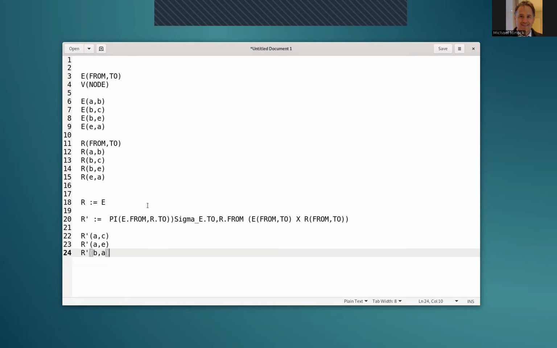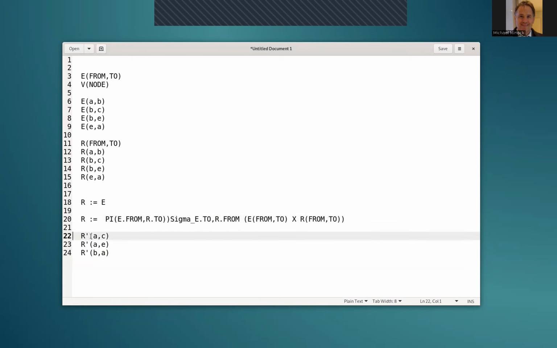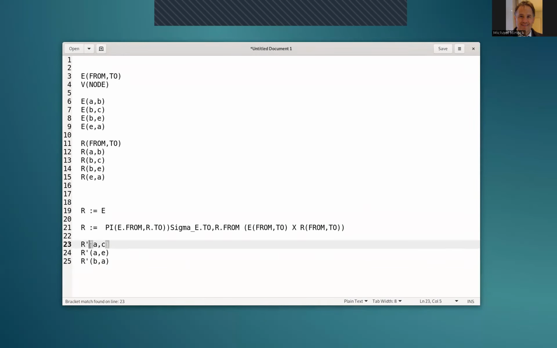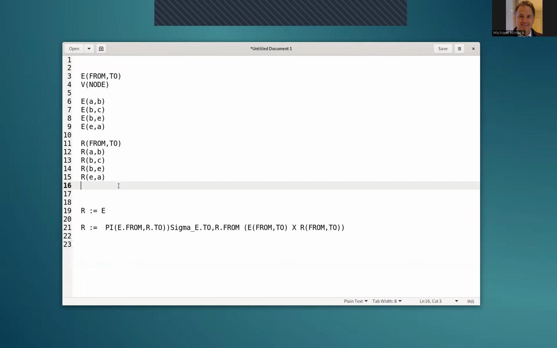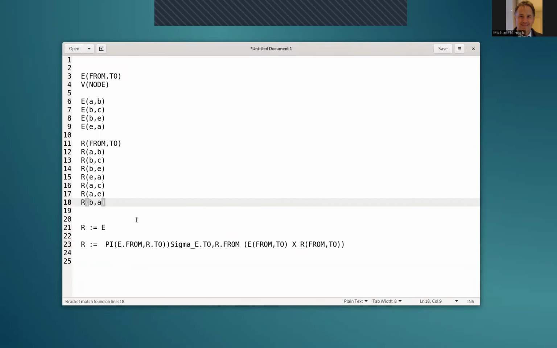Now, because the thing is recursive, it's not R prime that's being defined here, it's R. So on this recursive step, we pile in these fresh results. So now our R is equal to this. Now we do the next step.